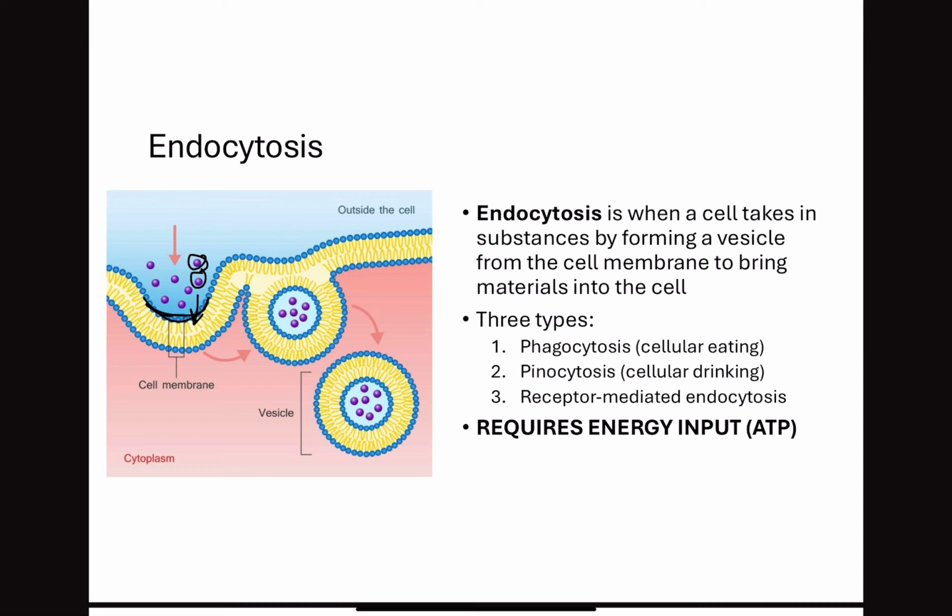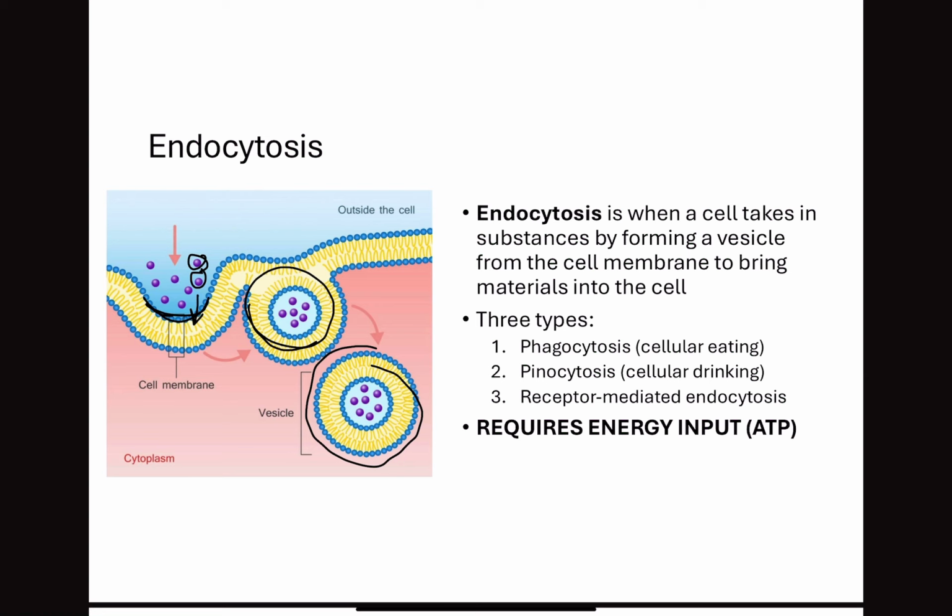It starts to form like an inward pocket, and that pocket is going to get deeper and deeper, which is what we're seeing, and eventually it becomes its own separate vesicle. And that is how the material gets inside of the cell. So we can think of endocytosis as the process of a cell taking in substances, forming a vesicle from the cell membrane, and then bringing those materials into the cell.